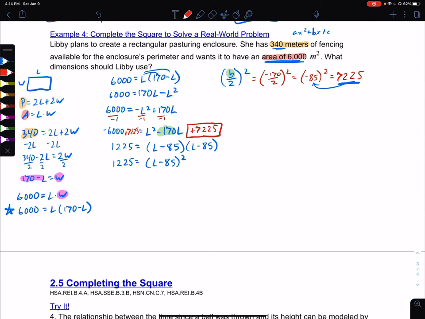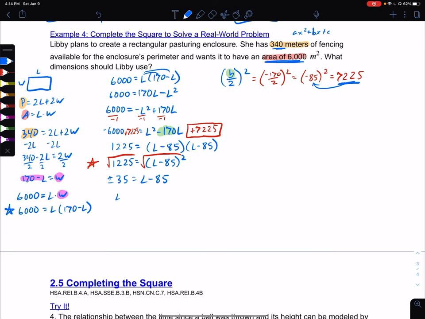Now that I've completed the square, I have here an equation that I can solve using square roots. So take the square root of each side. The square root of 1,225 is 35. That works out nicely for us. So we have plus or minus 35 equals L minus 85. Now we're almost there.